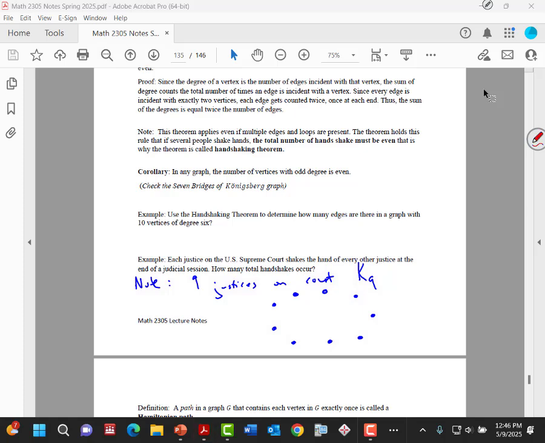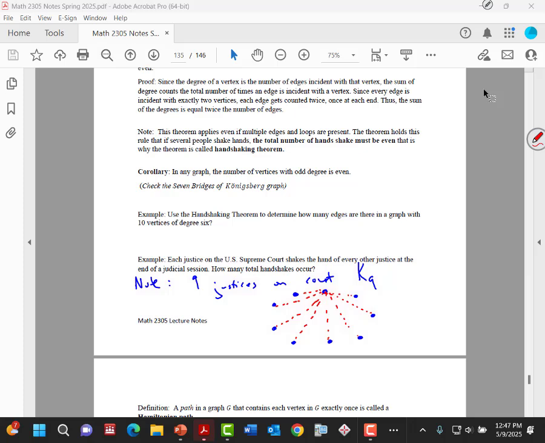And each justice is going to shake the hand of every other justice. If we see what's happening as we construct this, like so. And it's going to get big really quickly, so I'm not going to draw it all out. Okay? But I can simply use the handshaking theorem.